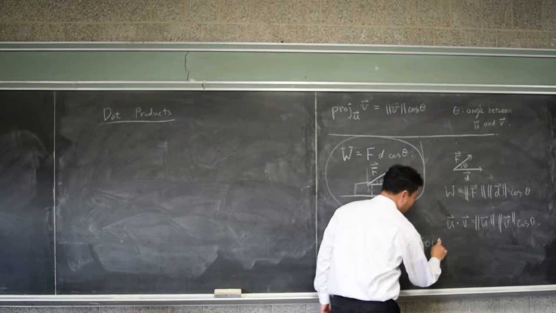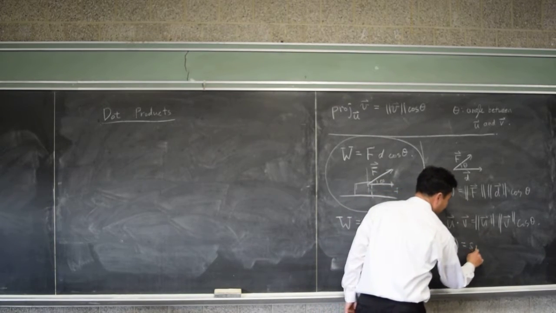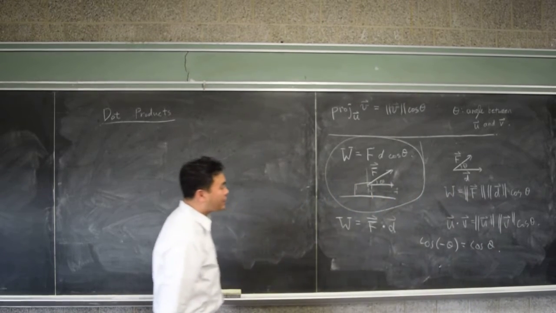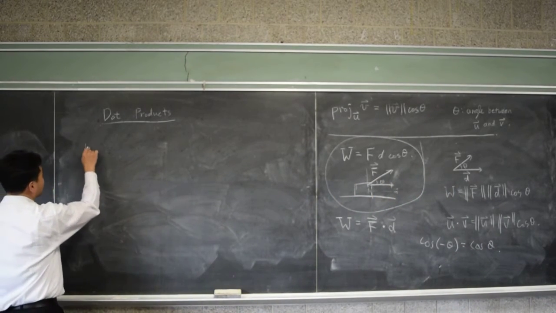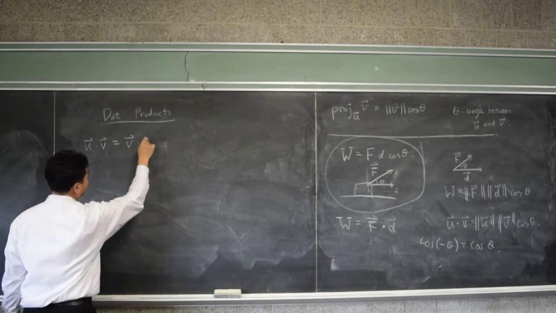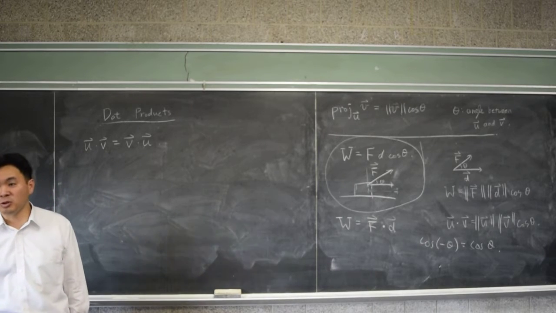Cosine function has this property. And that tells us that u dot v is the same as v dot u. So that's a commutative property.